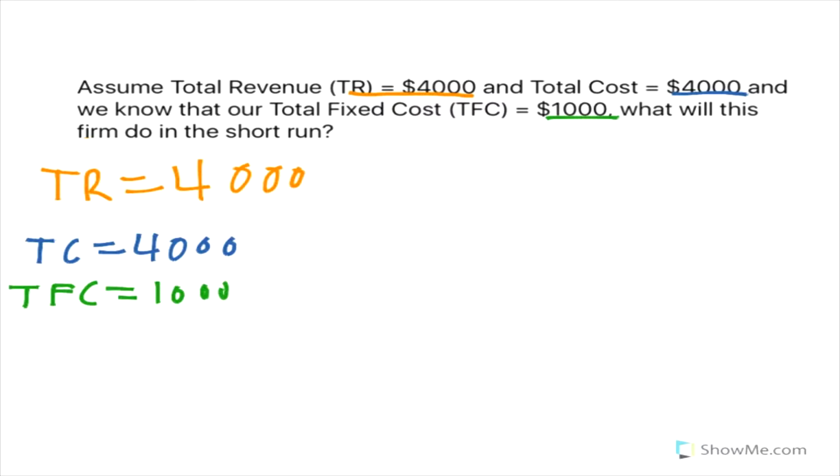Now, to determine if this business is going to stay in business, we're going to have to determine what their variable cost is and if it's less than their total revenue.